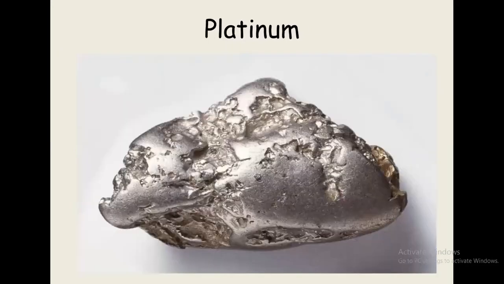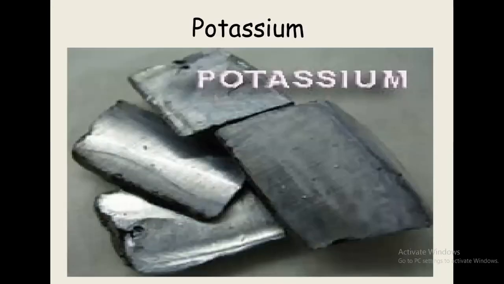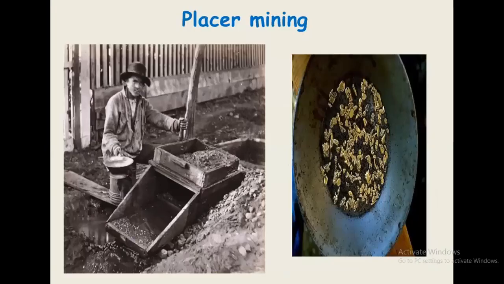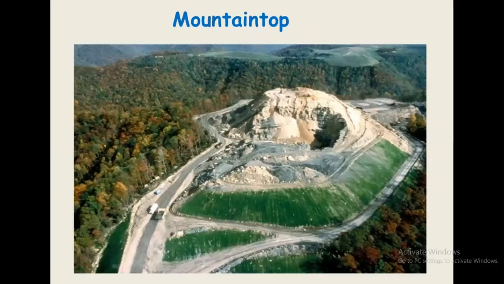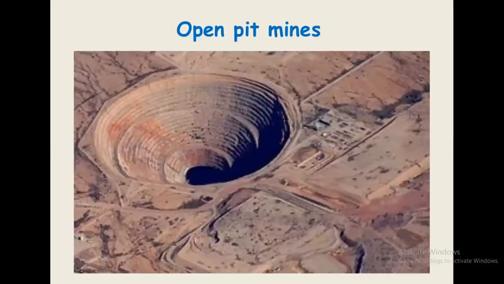These were some of the extra information given to you, showing you a picture of some of the minerals. Then we have seen how different types of mining are done. Some pictures related to mining were also there, so that you can know how different mining takes place and how the place looks like and which are the different methods used for that.